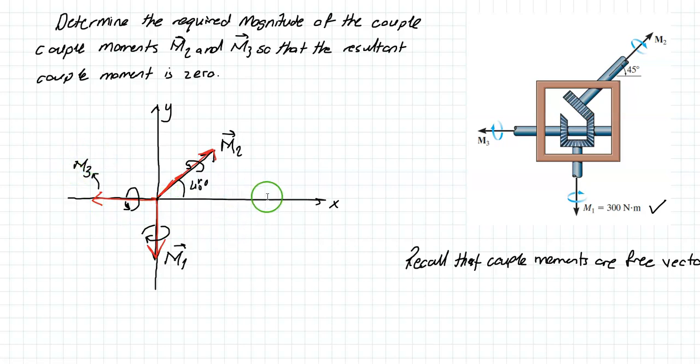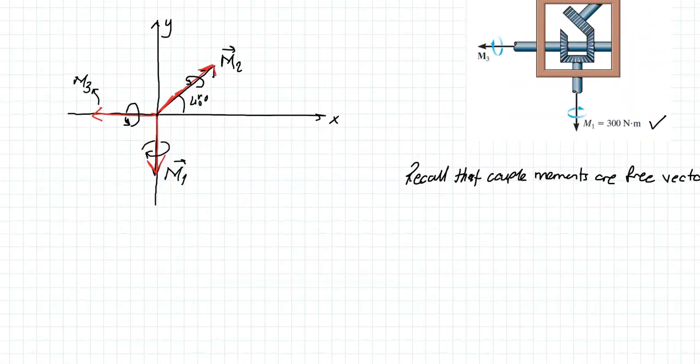Okay, so now we are just dealing with vectors, and we want the resultant vector to be 0. So for M2 we need the x component and the y component.